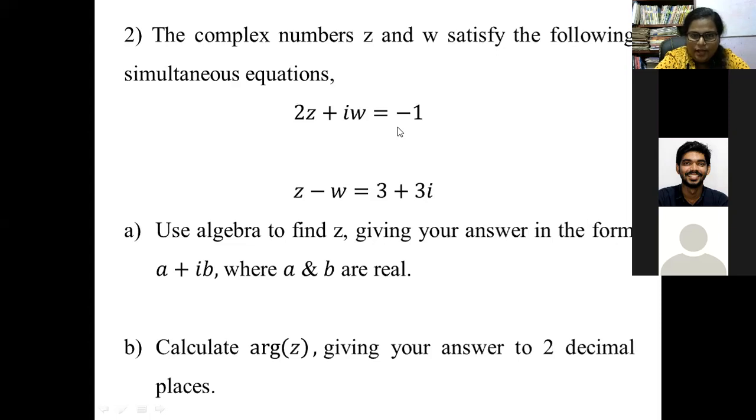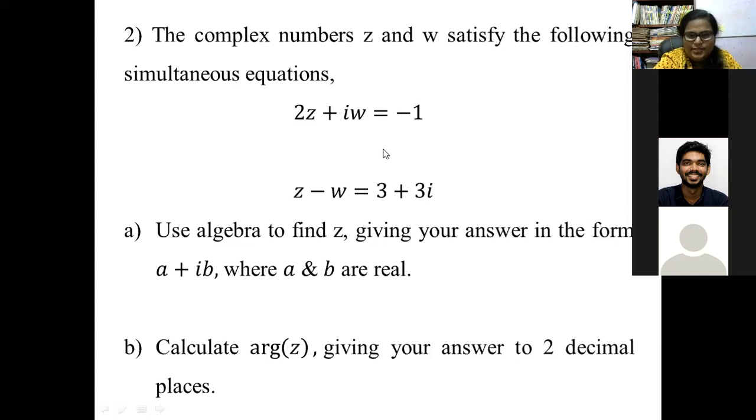Here you have to solve simultaneous equations which have imaginary parts also, complex numbers also, right? But you have to use the same procedure for these complex number simultaneous equations also, right?